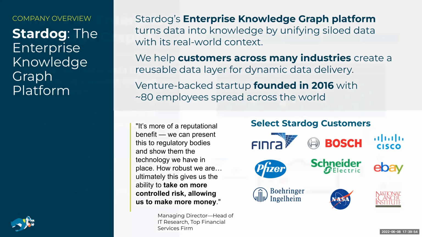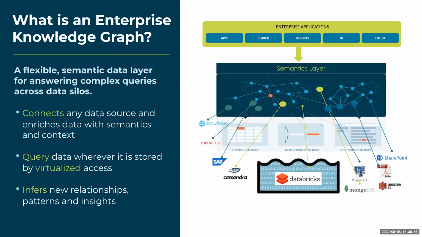Let me talk about the product a little bit and what we are doing to solve these data silo problems. What Stardog provides is a semantic data layer that goes over the data spread across different data sets. It could be Snowflake, Oracle, MySQL.